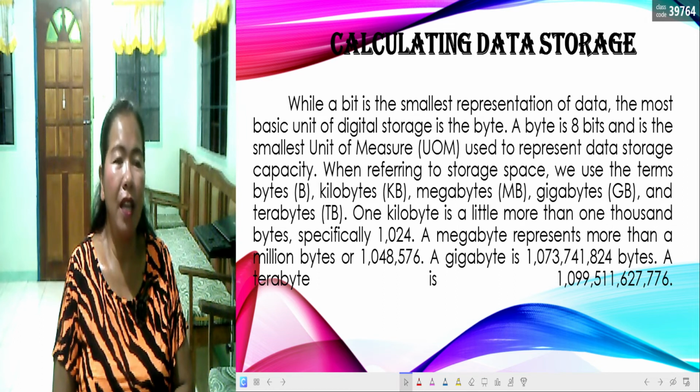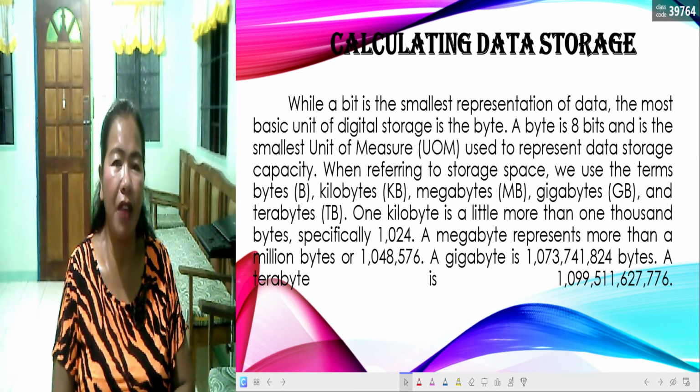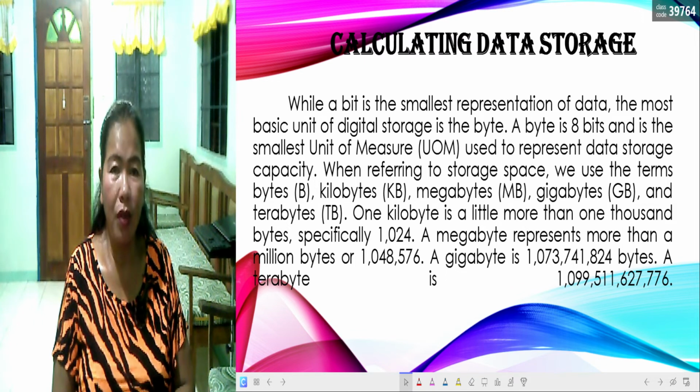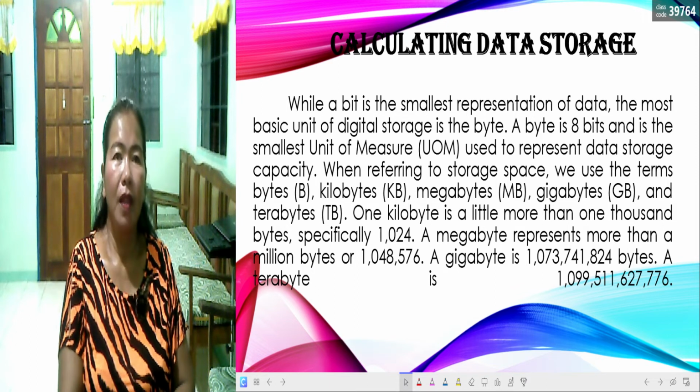Then the last one is the terabyte, equivalent to a trillion bytes, so 1,099,511,627,776 bytes. So those are the basic equivalents of the different data storage.